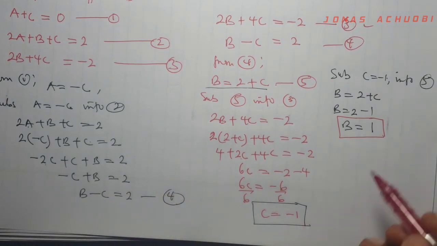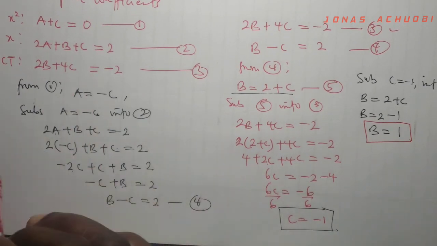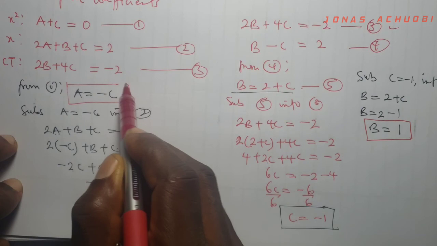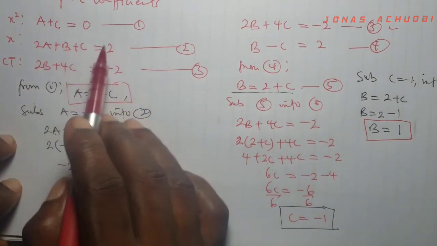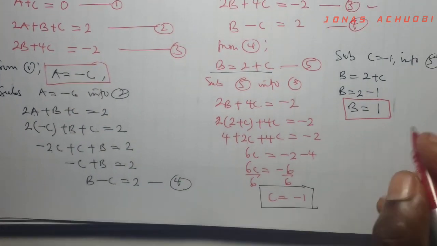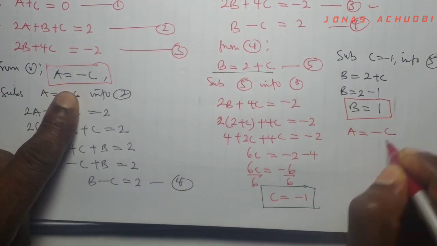I have c as minus 1, I have b as 1. So I now have to find the value of a. So I come back to equation number 1. I have here a plus c equal to 0. I can use any of the equations to find the value of a, but I take the simplest case, which is this. I already have that a is equal to minus c.